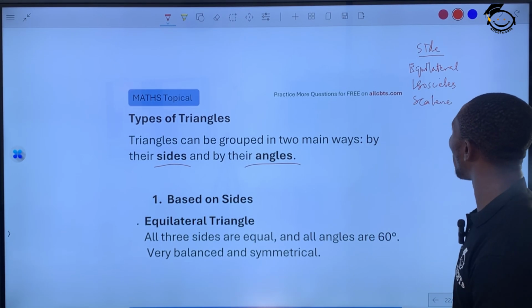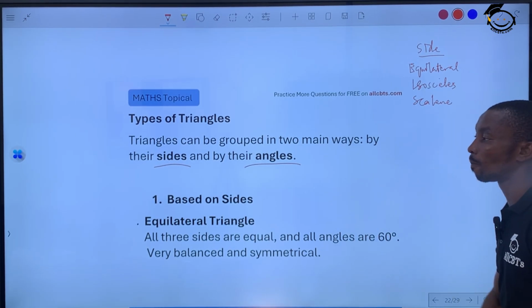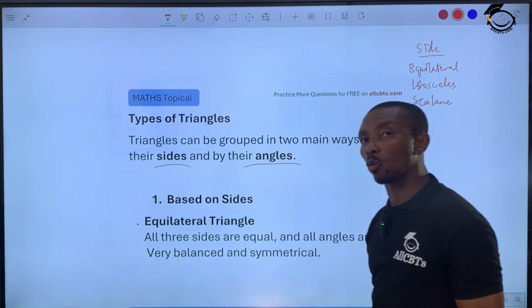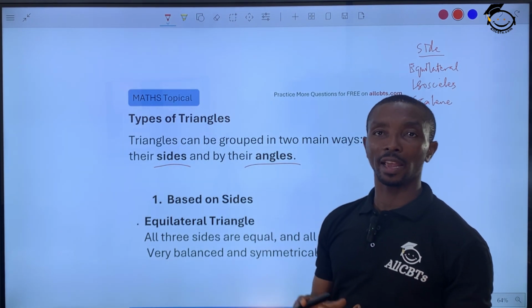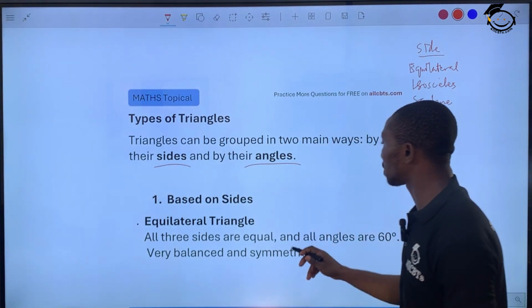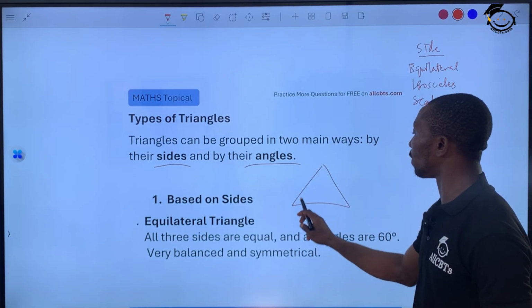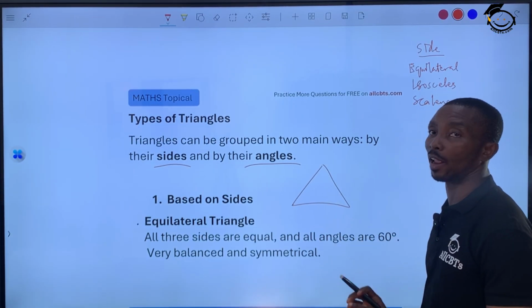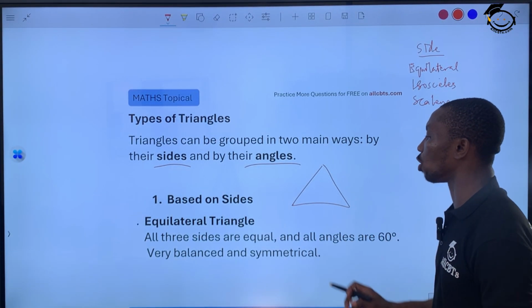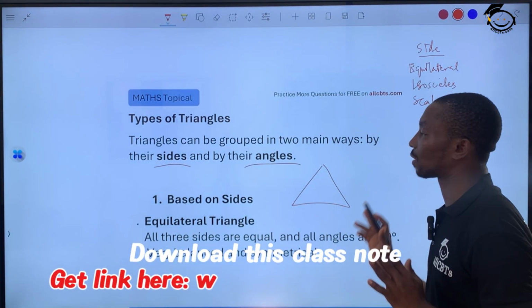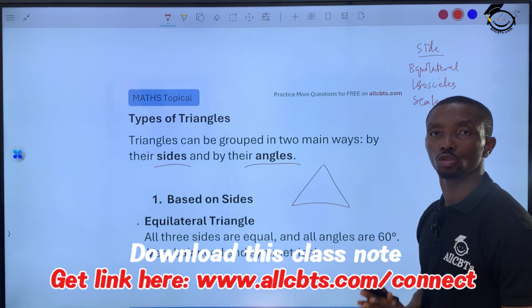triangle. All right, now for the equilateral triangle, all sides are equal and all angles are equal. The 3 sides of the triangle are equal. The 3 angles are also equal. That forms our equilateral triangle.